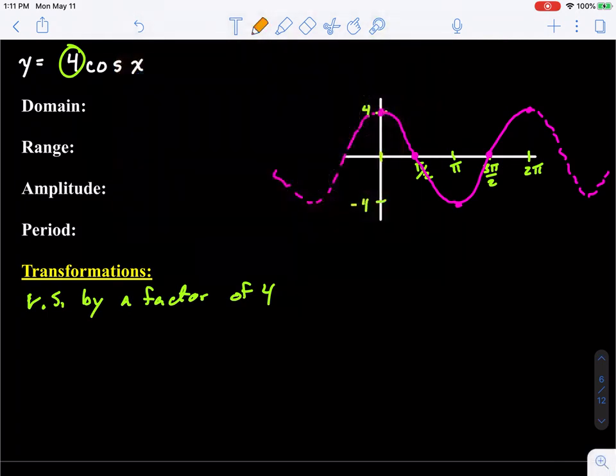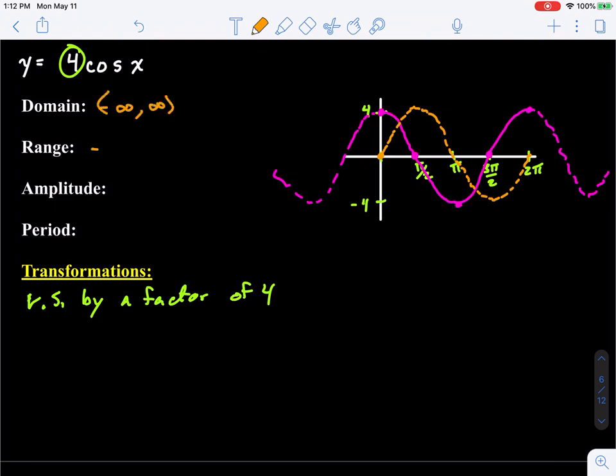The sine graph started here and then went up to the highest point, and then went down to the central axis, then to the lowest point, and then back to the central axis again. So really all that we are doing is taking the sine graph and shifting it pi over 2 units. That's all it is. Okay, so your domain is still negative infinity to infinity.